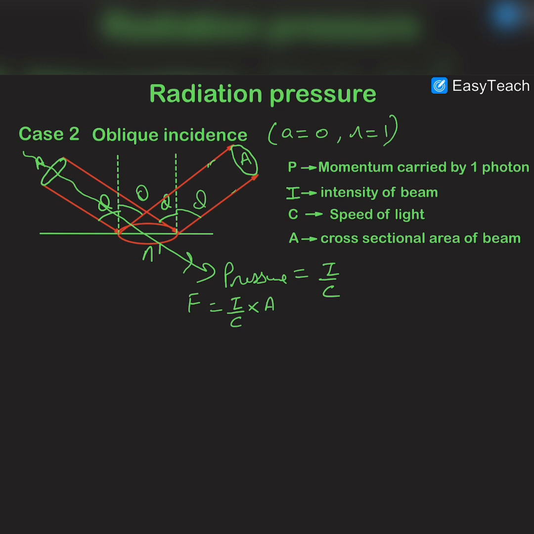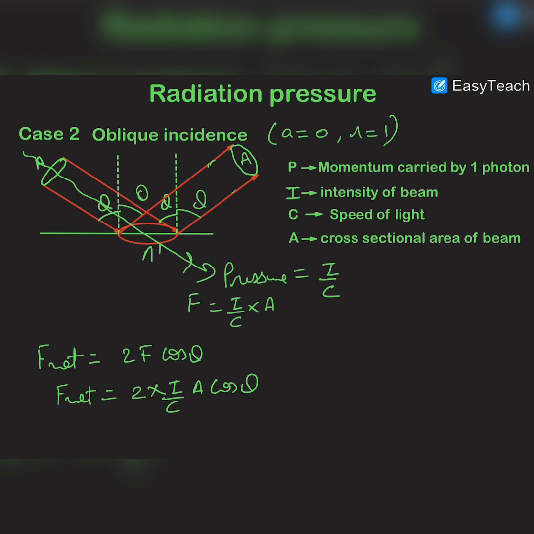Now we know that the net force acting will be 2F cos theta, because the change in momentum is along the normal, so the net force will be acting along the normal. This will be the F cos theta component, and this would be the F cos theta component. So the total force acting would be 2F cos theta. So the net force will be 2 into I by C into A cos theta.